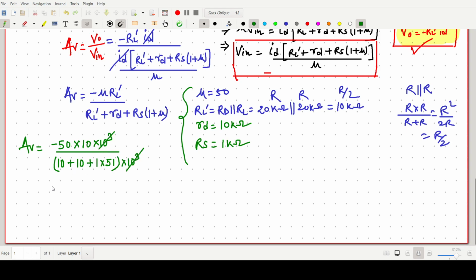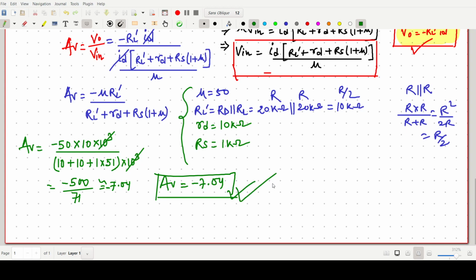So this will be cancelled, the numerator will be minus 500, and the denominator 20 plus 51, it should be 71. If we solve, it will nearly come equal to 7.04, with a negative sign. So AB value will be minus 7.04. This one is the midband gain for this question.